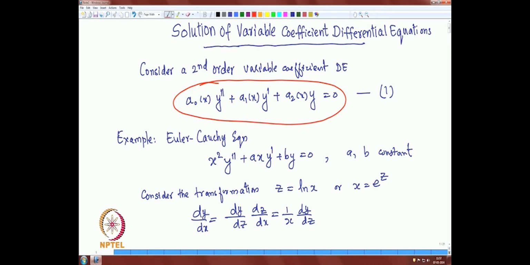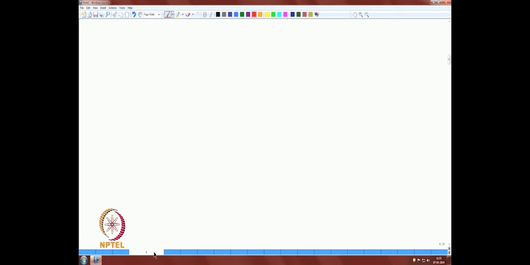If this cannot be reduced into a constant coefficient equation and no other methods are available to solve it, then one method of solving is by using the power series solution, the series solution of this differential equation. So, let us see how to solve this by using a power series solution.